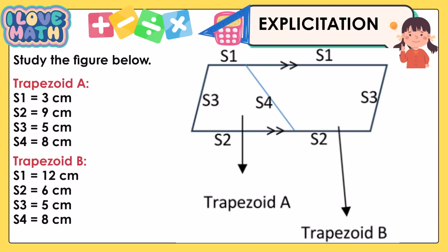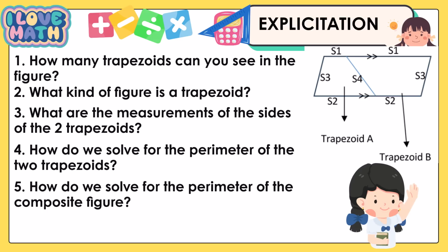Trapezoid B, S1 equals 12 centimeters, S2, 6 centimeters, S3, 5 centimeters, S4, 8 centimeters. Here are the questions that we need to answer.